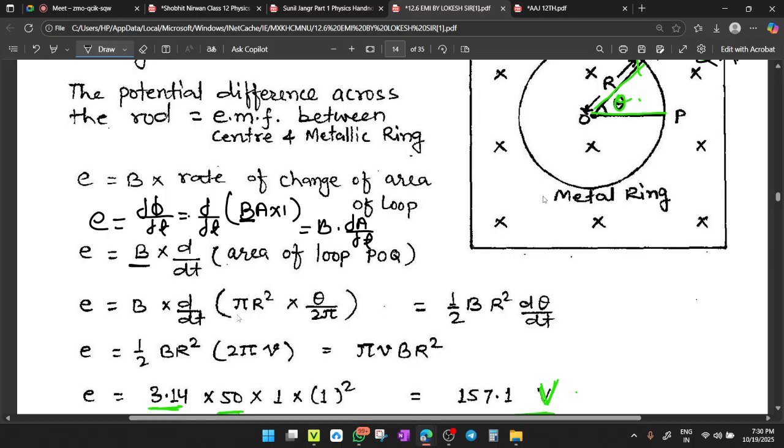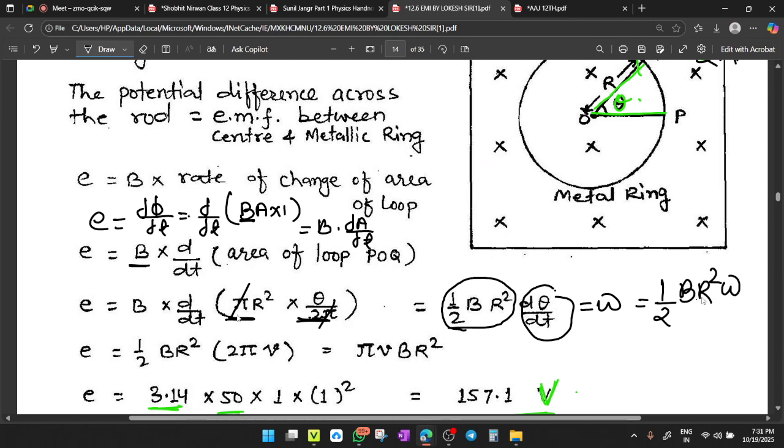Now area is equal to pi r square into theta upon 2 pi. Pi and pi cancel, so it will be half B r square d theta by dt. d theta by dt is equal to omega, so the formula becomes 1 upon 2 B r square omega.